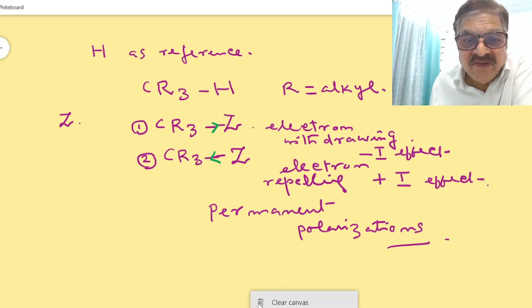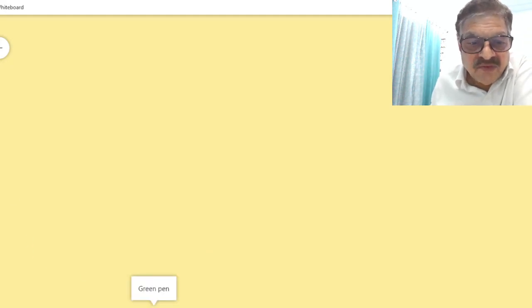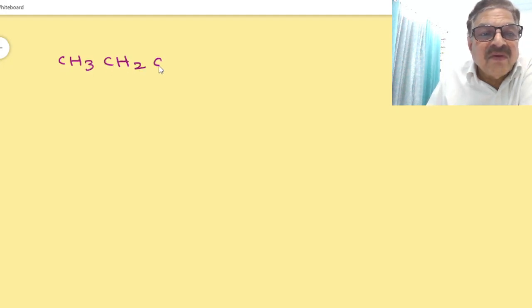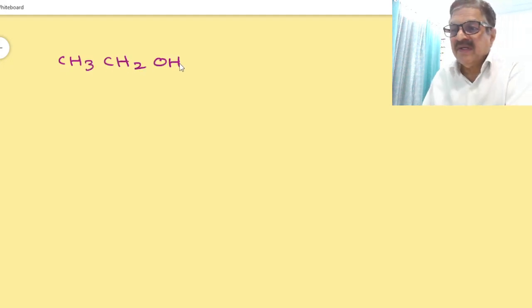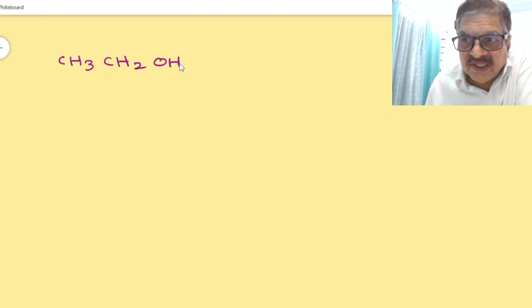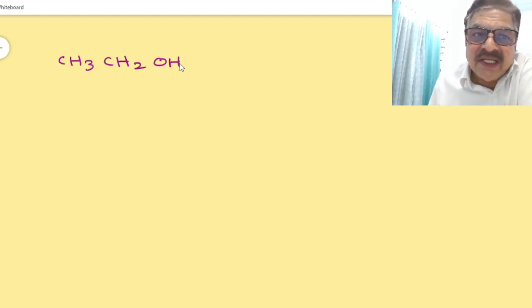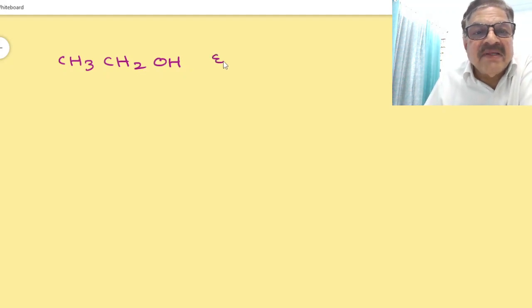I will clear this page here. Now we can compare the acidity of two compounds. One compound is CH3CH2OH, that is our ethanol here.